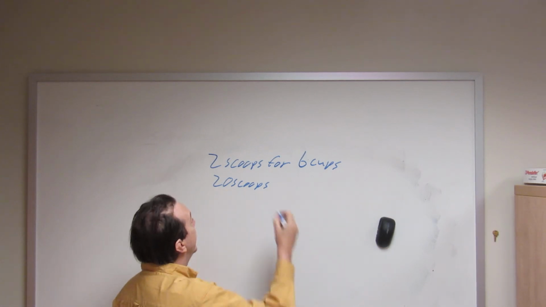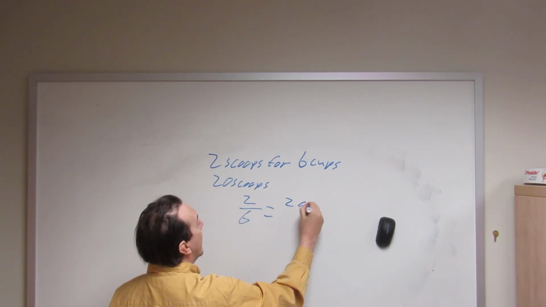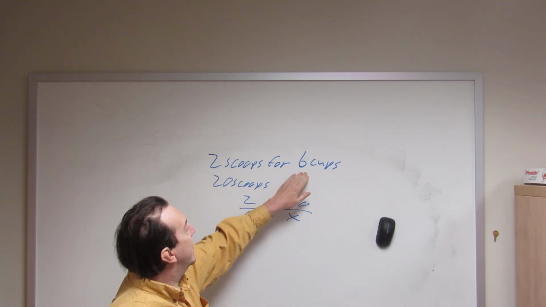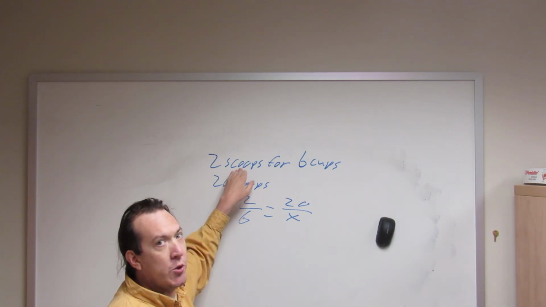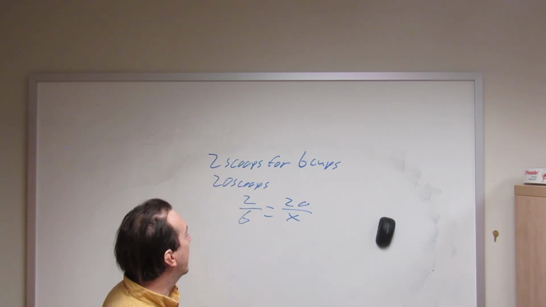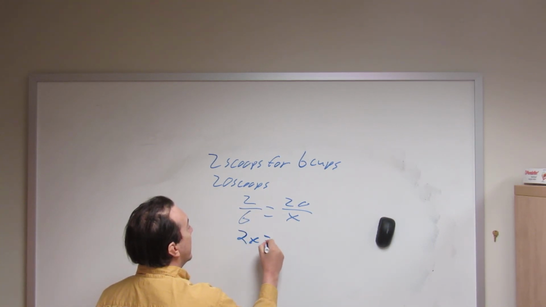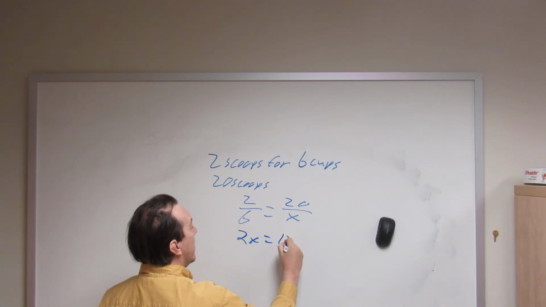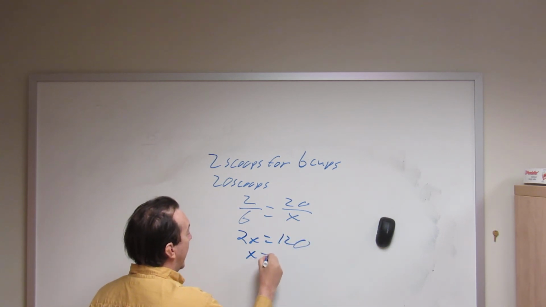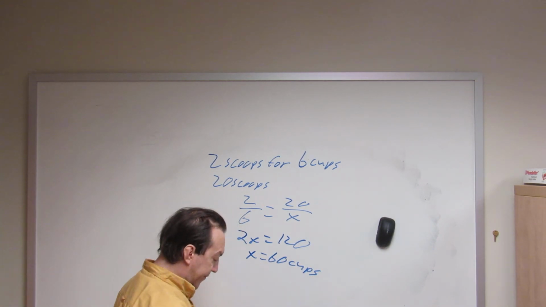What we're going to do is 2 over 6 equals 20 over x. So we're going to keep these together. We see that we had scoops on top for this one, so we're going to put scoops on top here. So we have 2 times x is 2x equals 6 times 20 is 120. Divide both sides by 2. X is 60 cups.